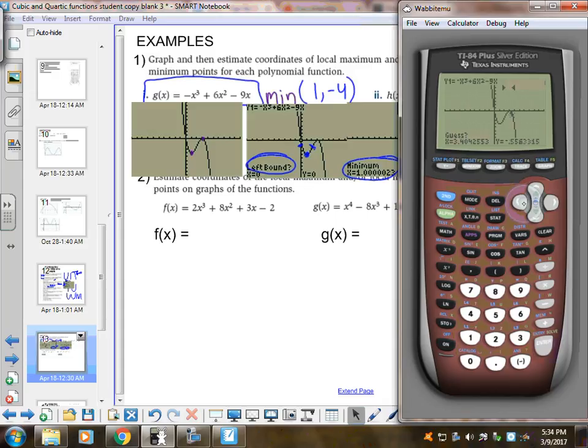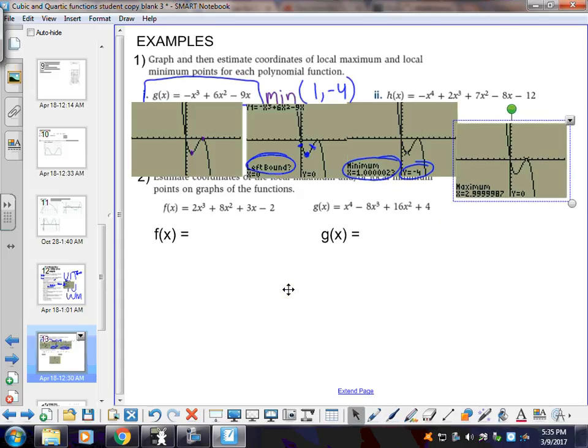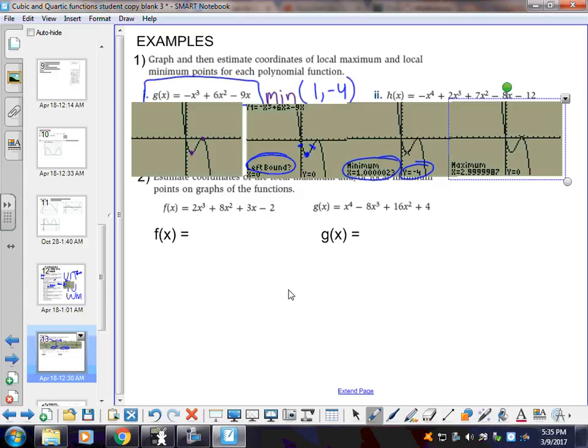And then I'm going to go back to guess, enter. And it gave me my maximum at 2.999. So I'm going to round that to 3. So my max is at 30. So I'm going to write max 30. So I found my minimum and my maximum for that function.